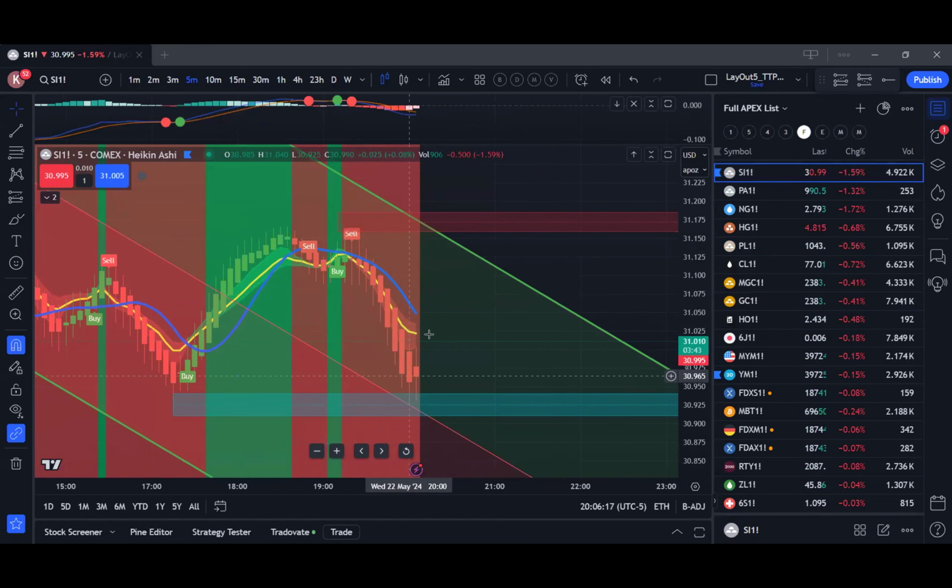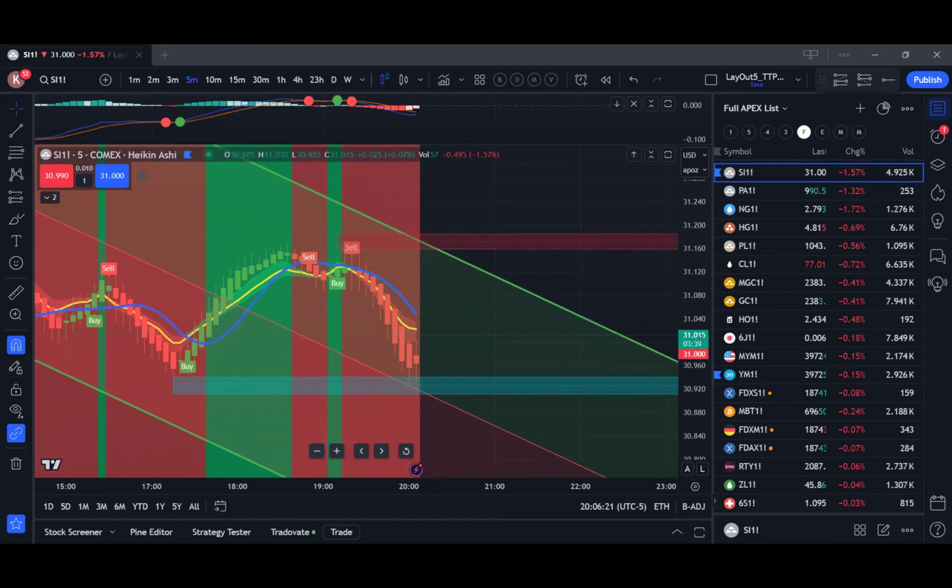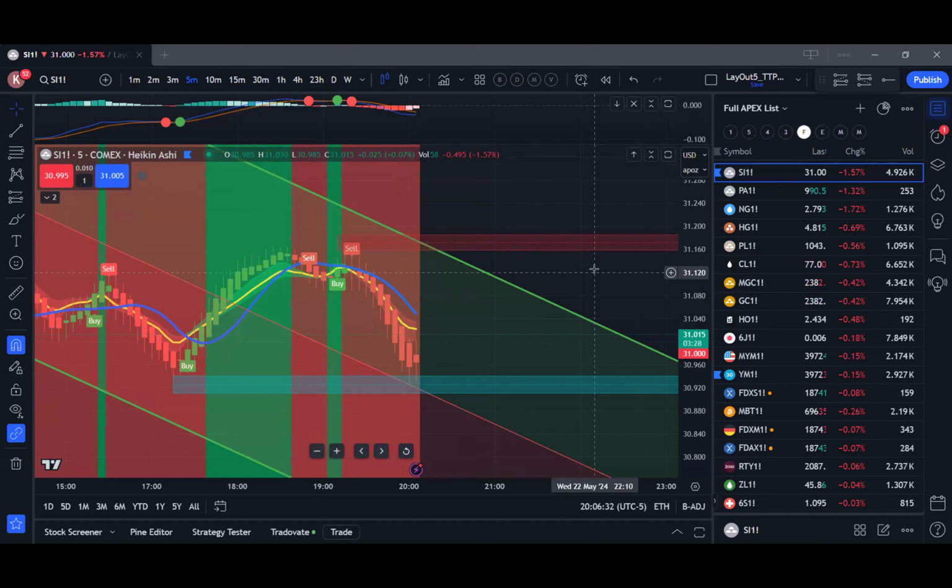Now this also can go up a little bit, but we'll mainly take the sell signal because they are bearish. No, this one is an existing one, the price pulse.